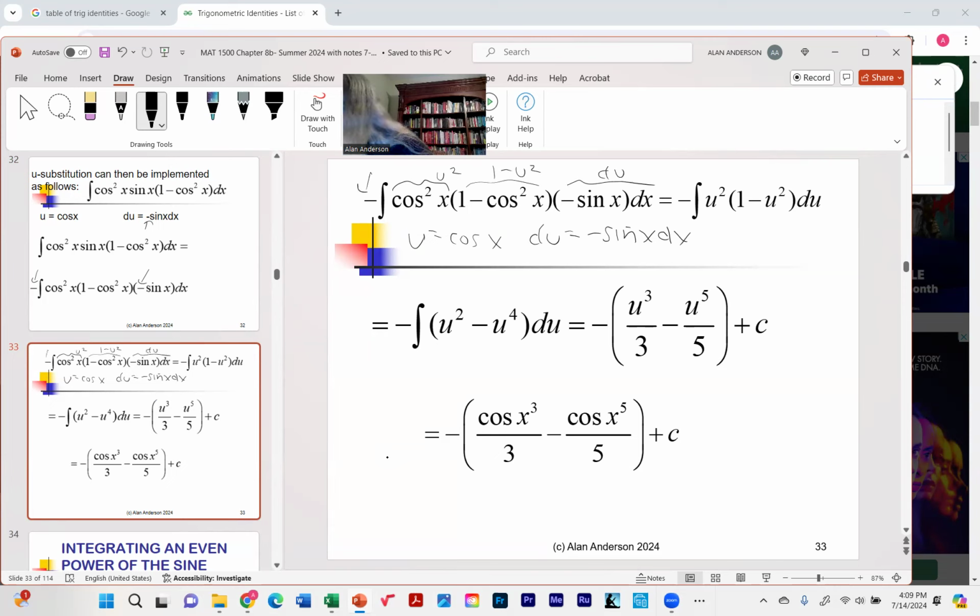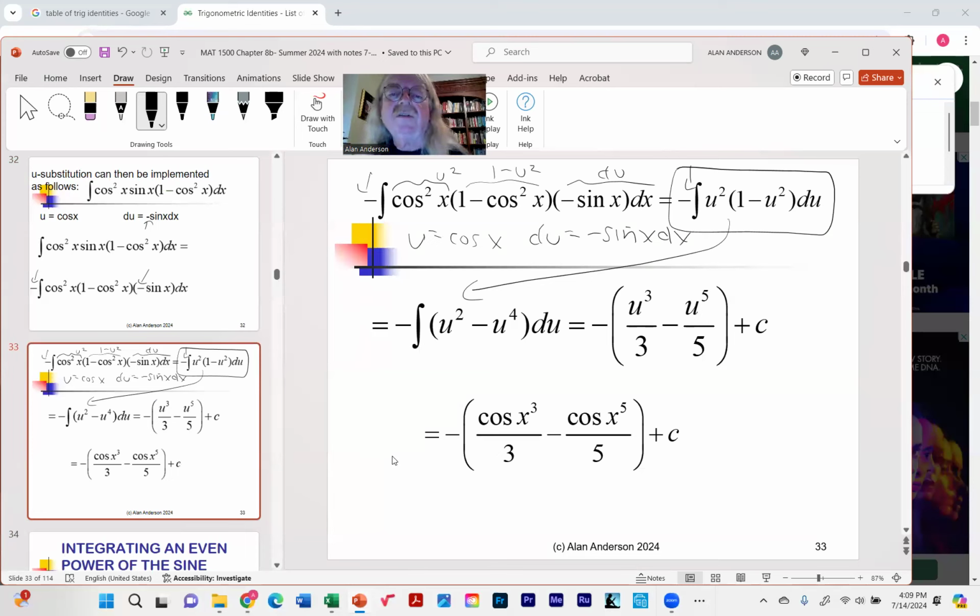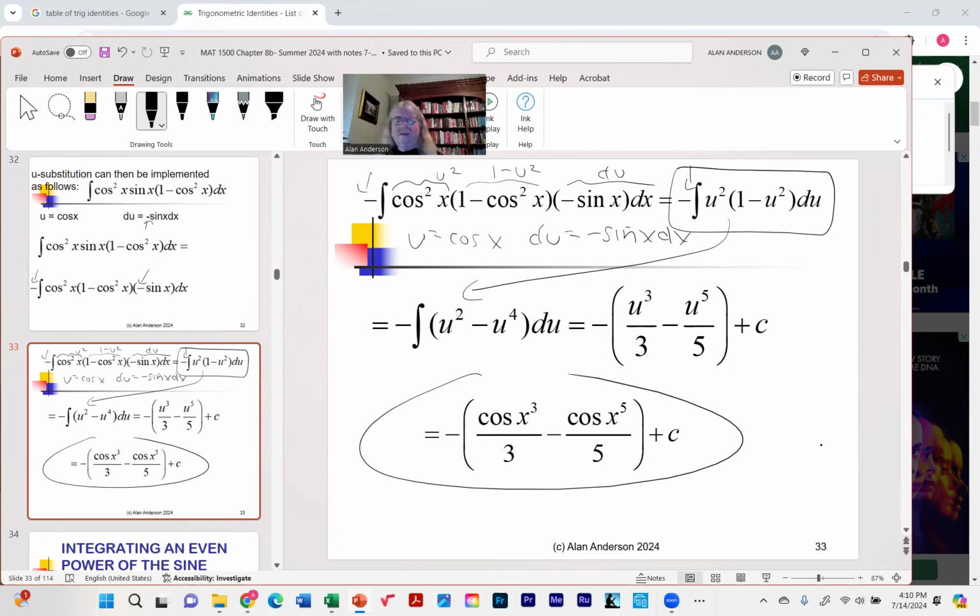And don't forget the negative sign. But what we can do now is multiply this out. So we'll have negative u squared minus u to the fourth, and each of those terms can now be solved with the power rule, very simply. So we end up with negative, we have u cubed over 3 minus u to the fifth over 5. And then we just simply replace u with cosine of x, and this is our final result. Wow.